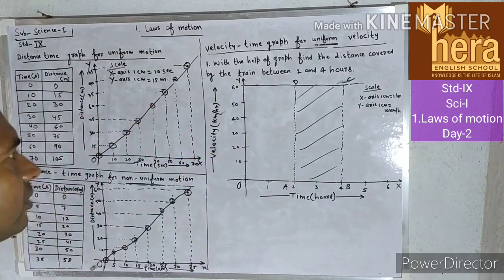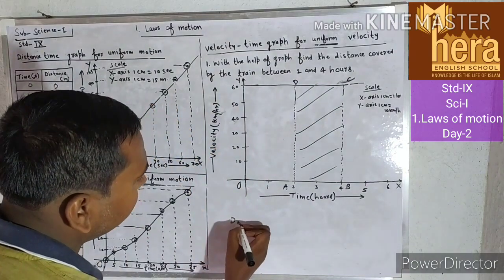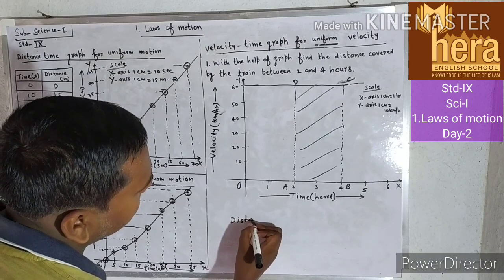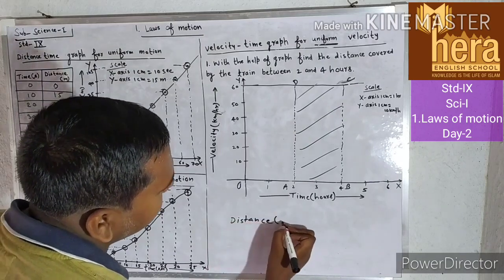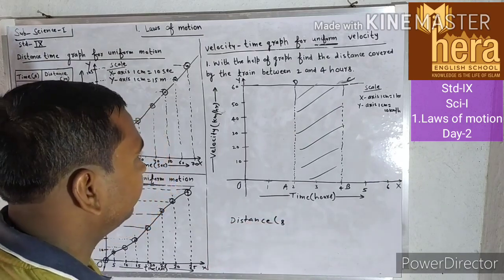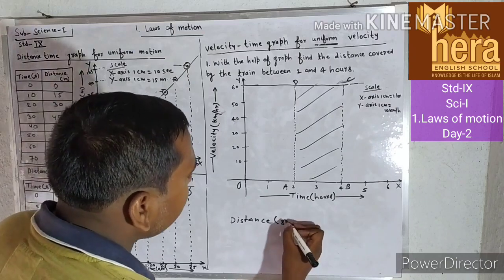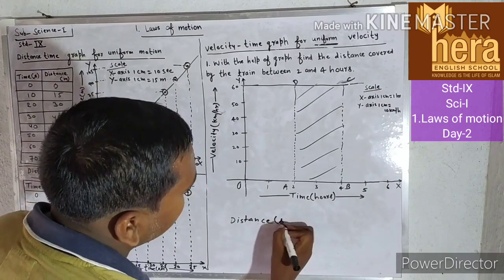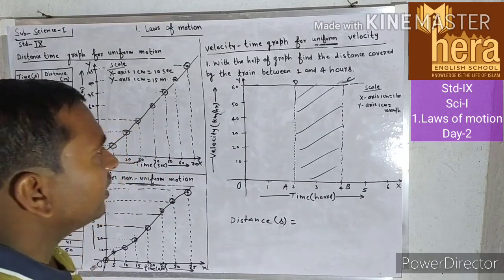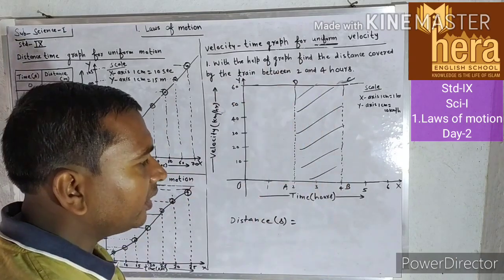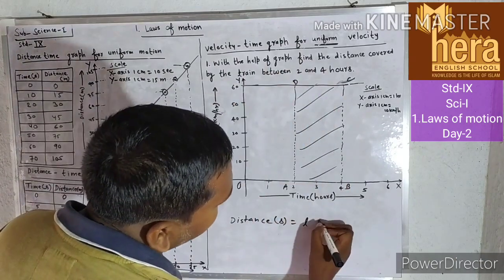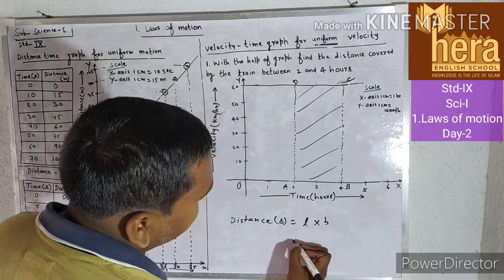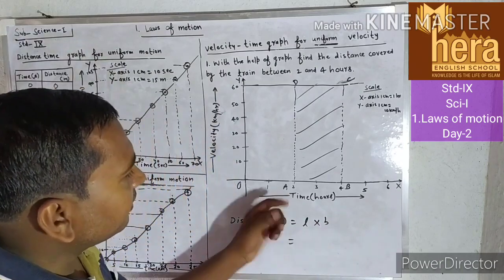Okay. So distance, represented by S, is equal to area of the rectangle. Area of the rectangle means what? L into B. That will be equal to length.